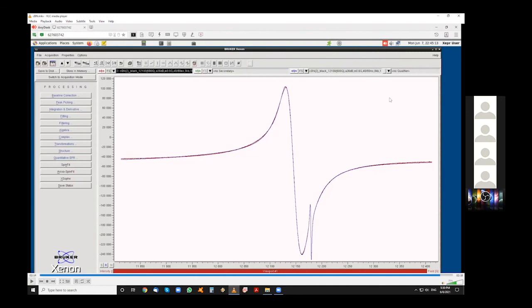The next example will be the EPR spectrum of the same investigated cubic boron nitride, investigated in the same conditions, but after an annealing treatment.